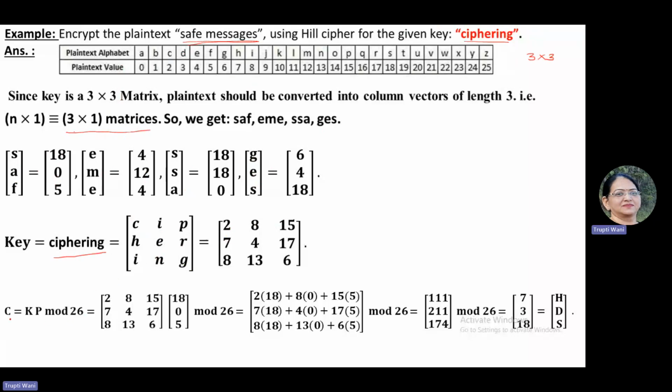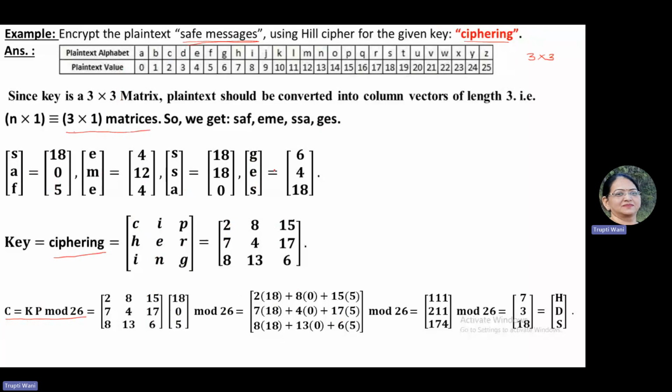Now, the formula for converting plain text into ciphertext is C equal to K into P mod 26. As we know, encryption is the easiest process. Take the key matrix as it is, take one column vector, do the matrix multiplication, then mod 26, and we will get the ciphertext.